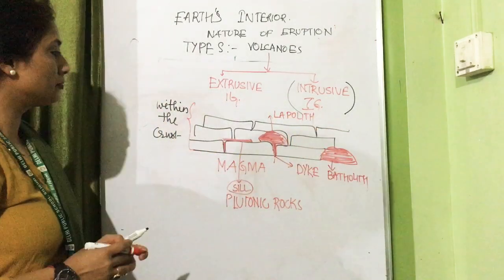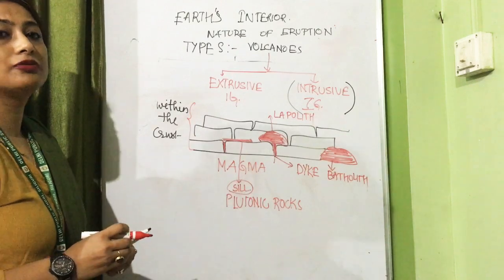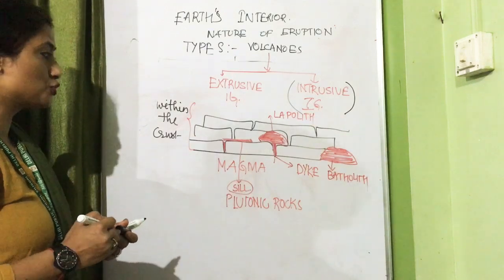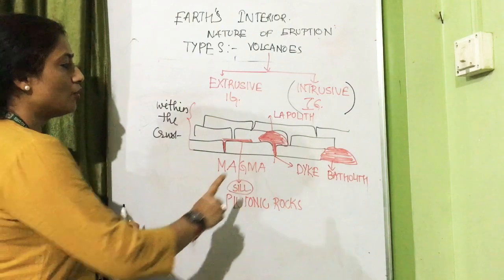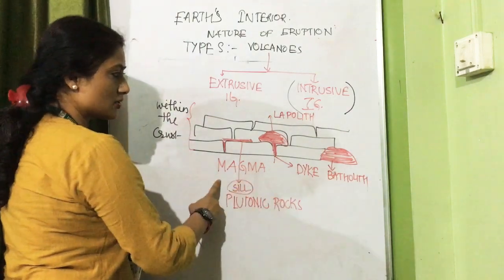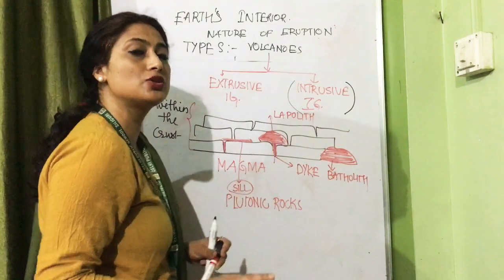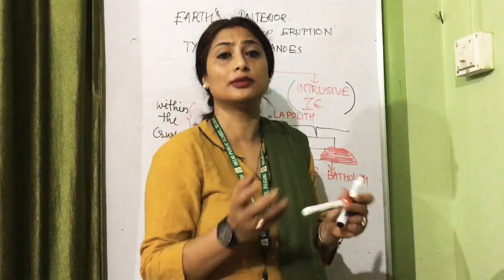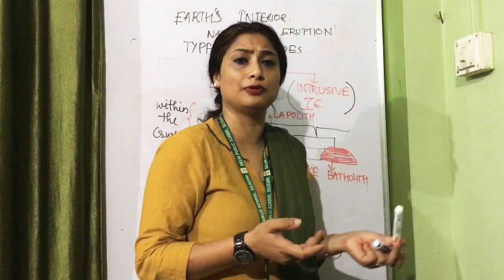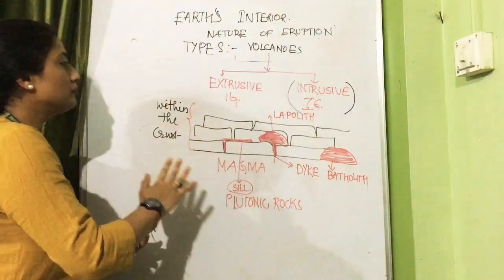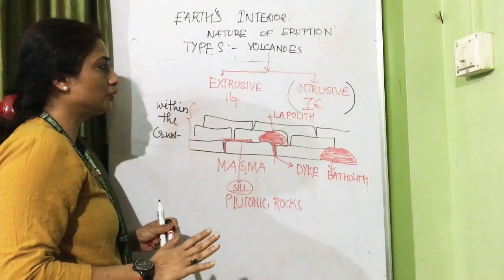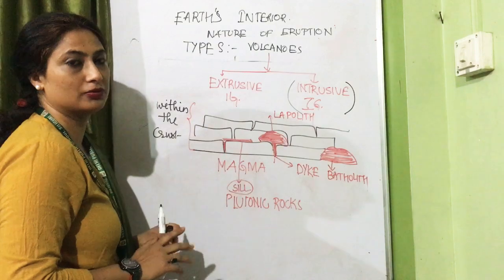So these are the major volcanic intrusive forms which you should know in this chapter: what is a dike, what is a sill, what is a batholith, what is a lapolith. Besides this, you will also find a few other minor features, like laccolith. But the major things which I taught you, you need to know all about this.